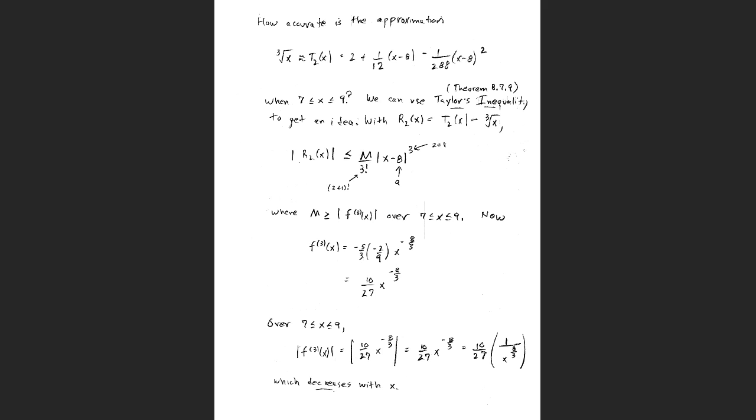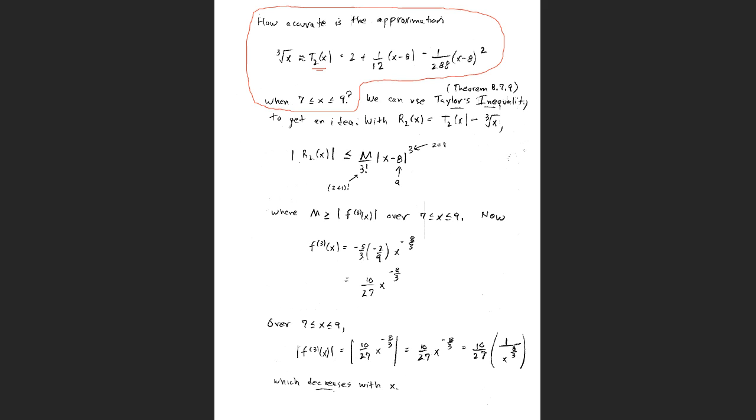Okay, so now we want to ask, how accurate is our approximation here? We're approximating the cube root of x with that second degree Taylor polynomial about a equals 8.